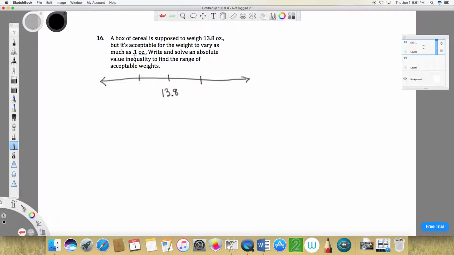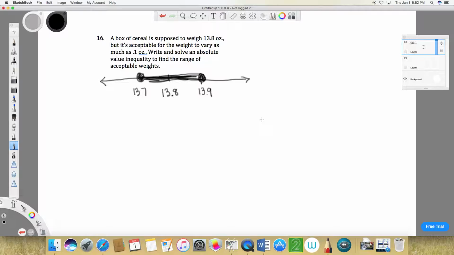If I add 0.1 to this 13.8, I'll be at 13.9. If I subtract, I'll be at 13.7. Now, I'm going to include these endpoints in my solution. And I'm going to say that a true box of cereal has a weight that's somewhere between those two values.